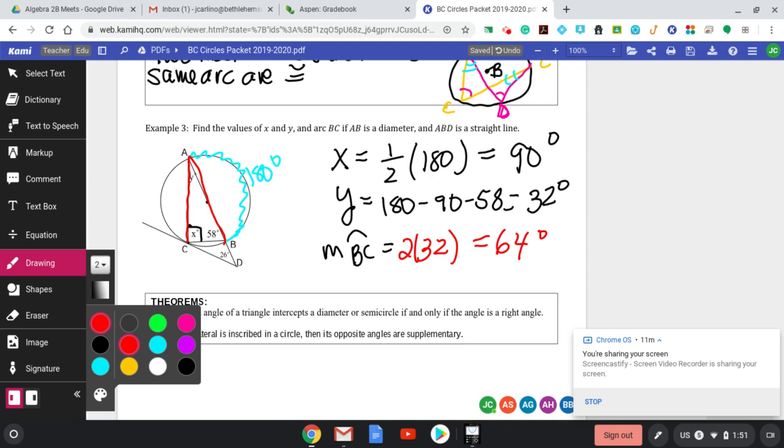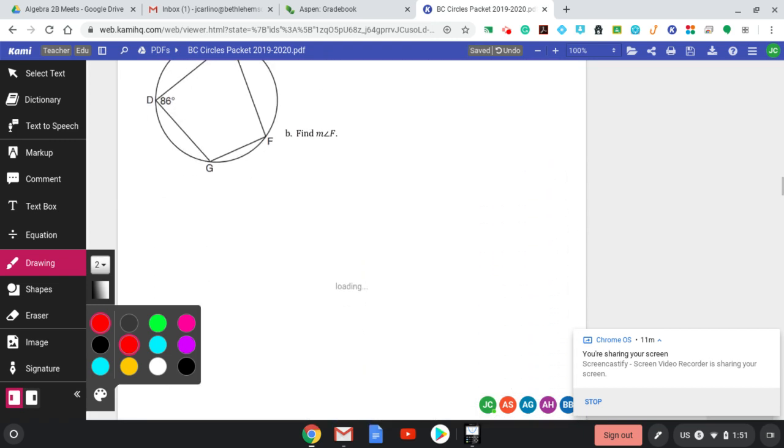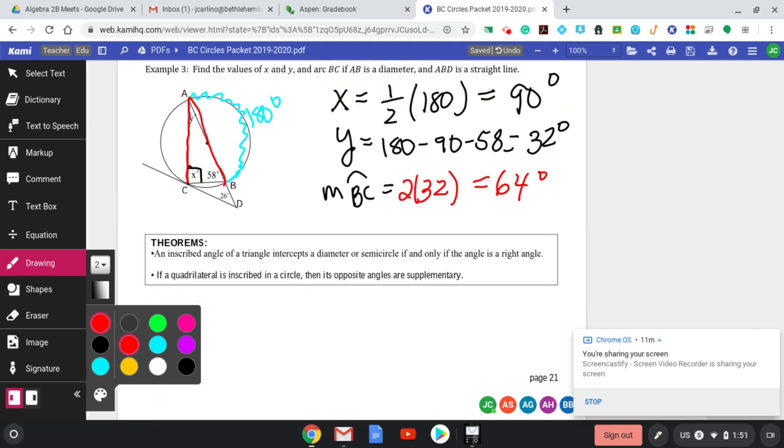All right. A couple other theorems here before we go into one more question. Remember we found angle X to be a right angle. I don't need to do the algebra anymore to figure out that that's a right angle. I can use the following theorem. I'm just going to make some notes here: an inscribed angle, which for us was angle X, intercepts a diameter or a semicircle, which for us was arc AB.